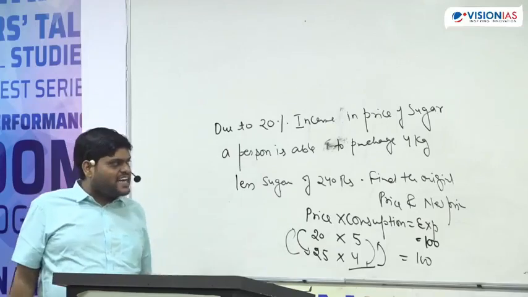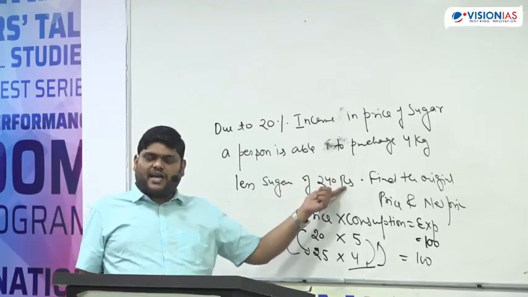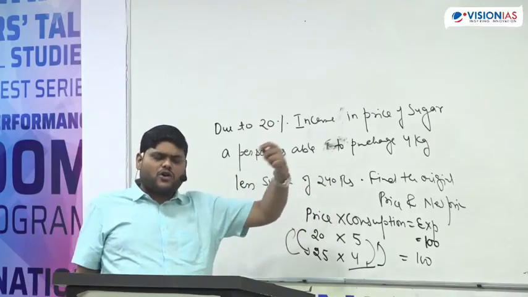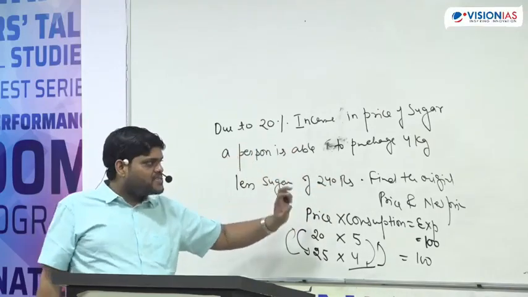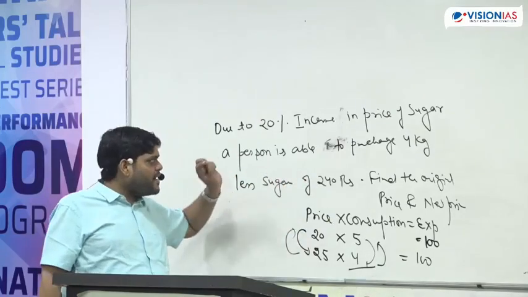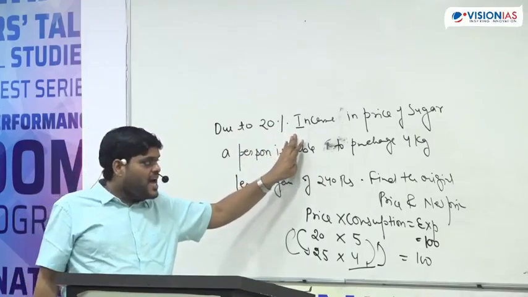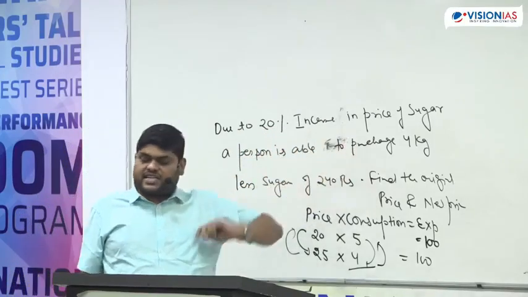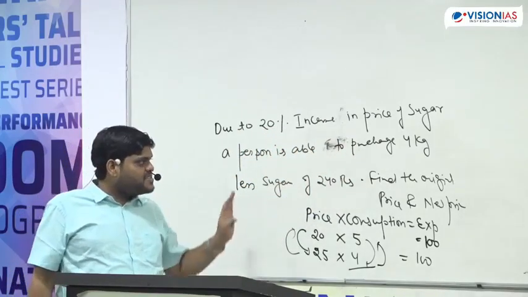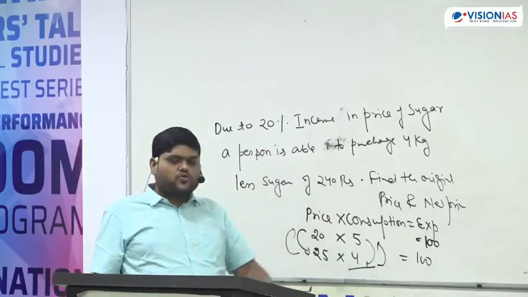So what exactly is the question? Initially, in 240 rupees, when the price of sugar was suppose some P, a person is able to purchase some sugar. But now what happened? The price is increased by 20%. And when the price is increased by 20%, the person is able to purchase 4 kg less sugar of rupees 240.